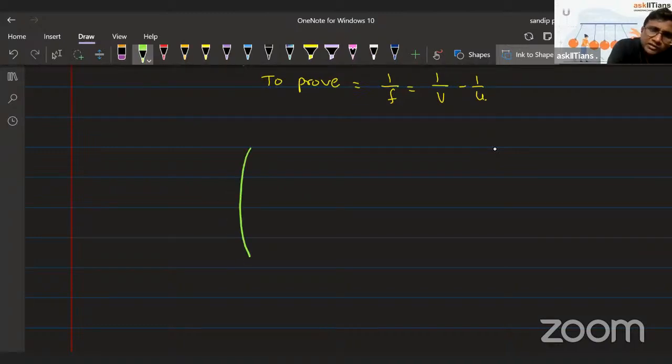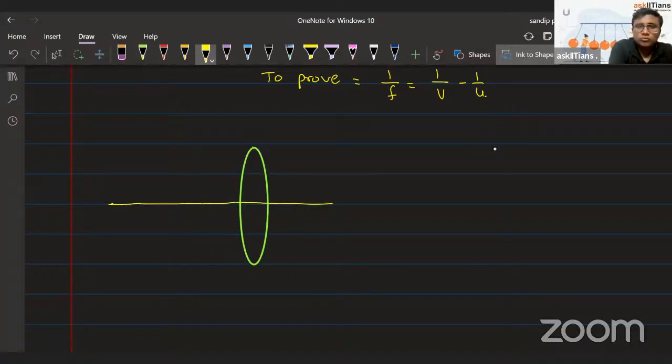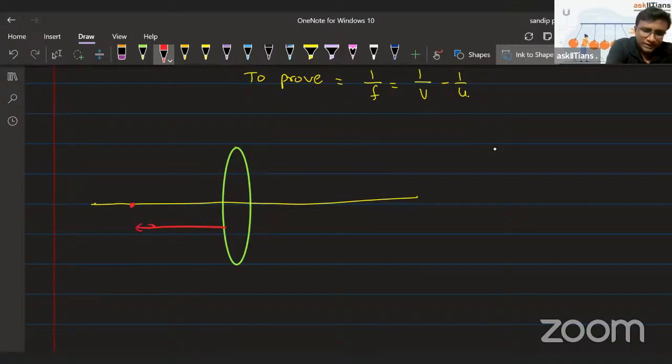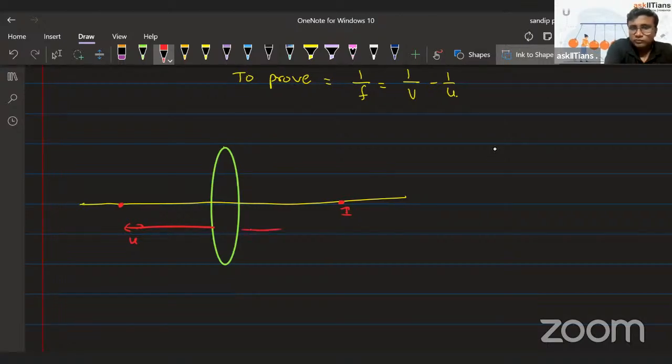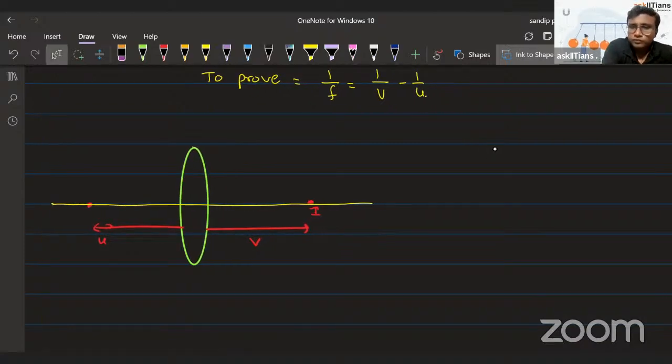So when we talk about the lens, this is the principal axis. The object is here. Let's say the distance of the object is u, which is negative, obviously. And the image will form somewhere, let's say here. This is the image, at distance v. Now, the lens is made up of two parts actually. So we can segregate the lens into two parts.